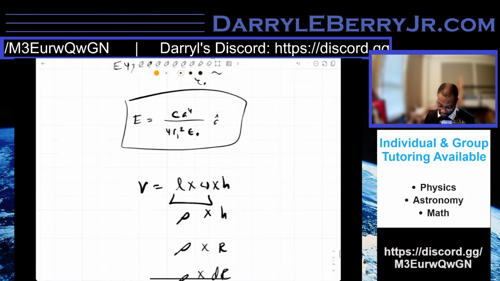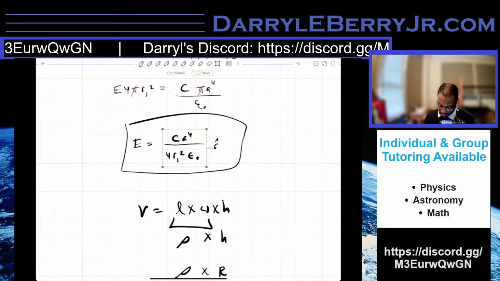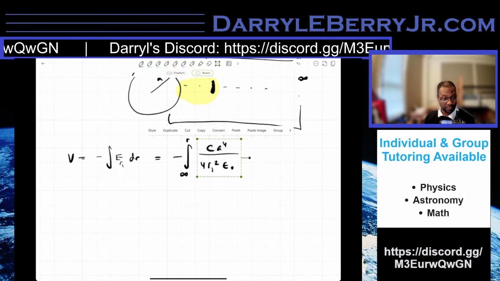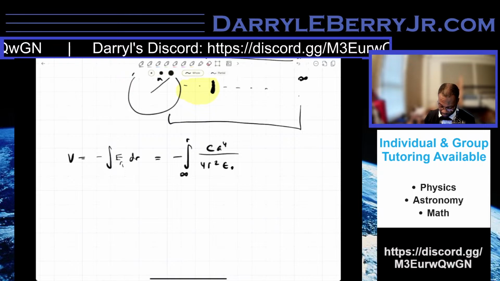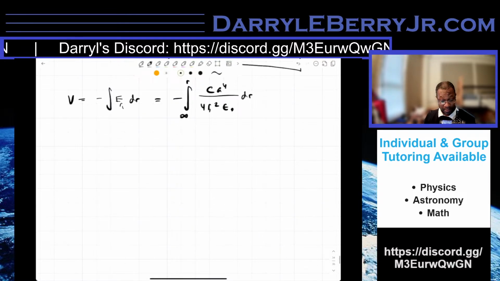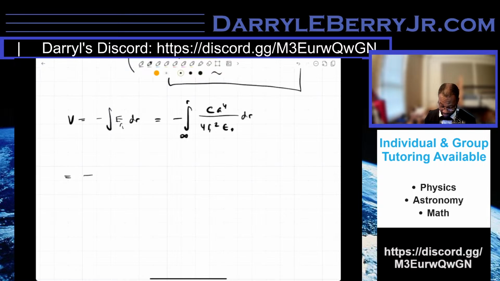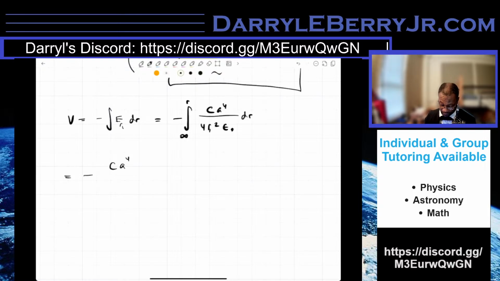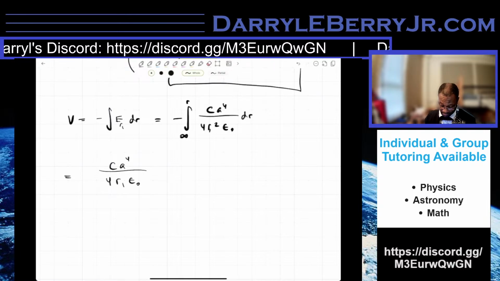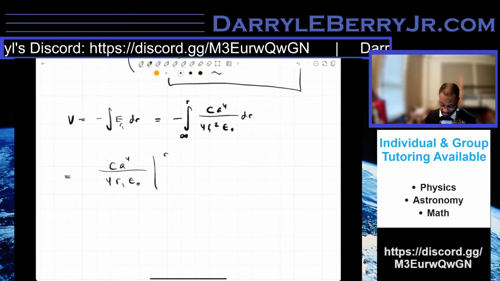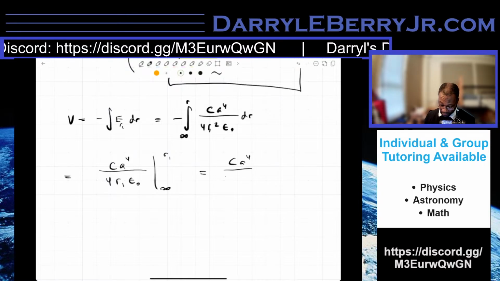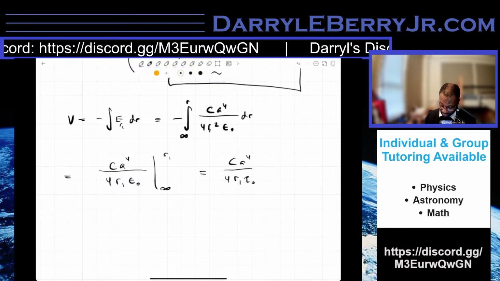And then rho dr. So that's going to equal negative C A to the fourth over 4 R1 epsilon naught, and positive, from R1 to infinity, that's going to be C A to the fourth over 4 R1 epsilon naught, and then the infinity one will equal 0.